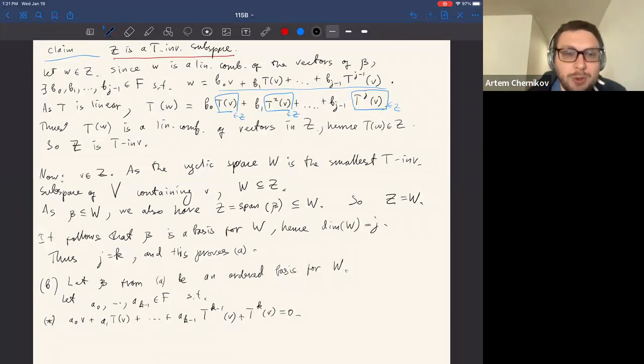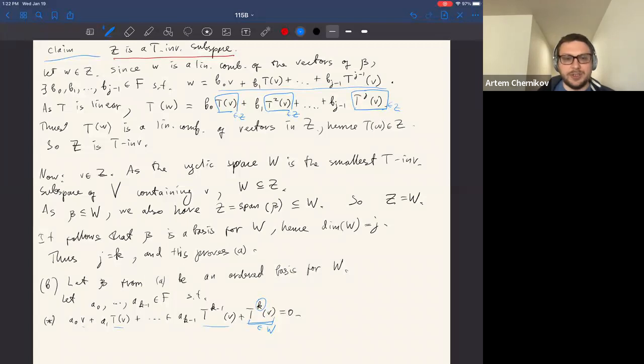So once again, we know that such scalars a0 through a_{k-1} exist, right? Because T^k(v) is an element of W, because W is a cyclic space, right? So in particular, it contains any power of the operator applied to v. So T^k(v) is an element of W, and we know that this is a basis for W, right?